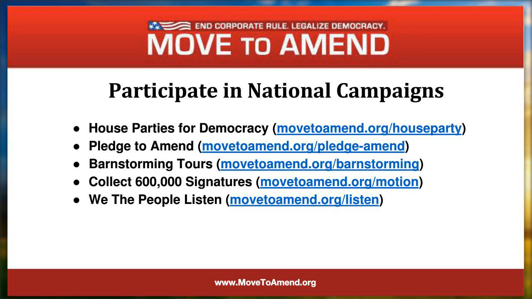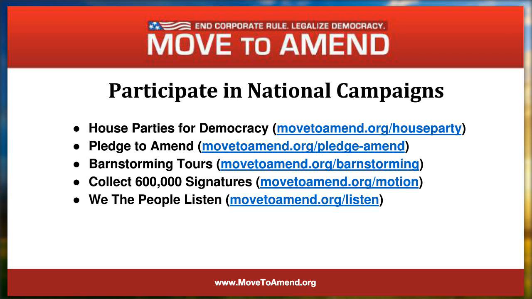So get out to those farmers markets, attend public town halls, or even petition outside a local football or basketball game. Any public event is a great opportunity to carry around a clipboard and ask folks if they'll support a 28th Amendment that makes clear corporations are not people and money is not speech.